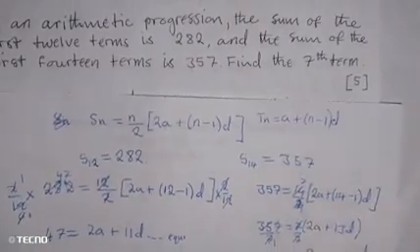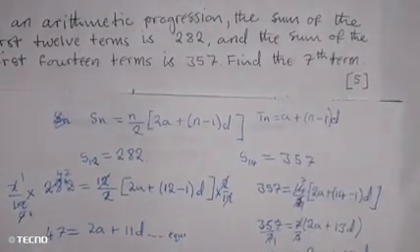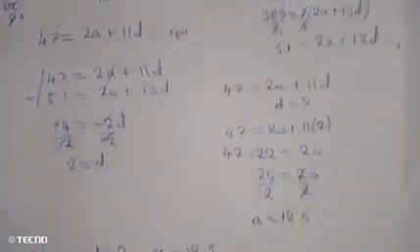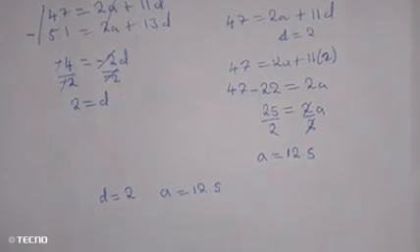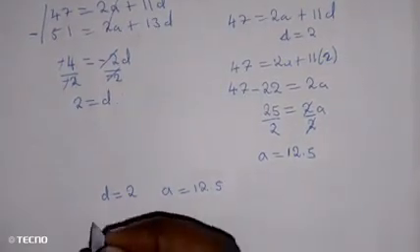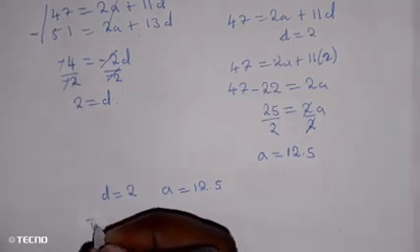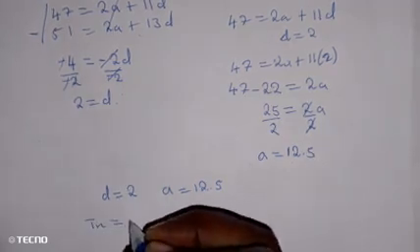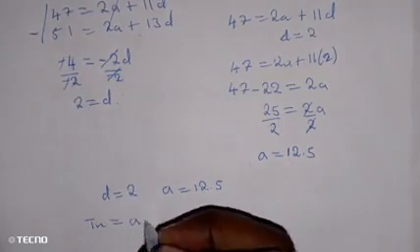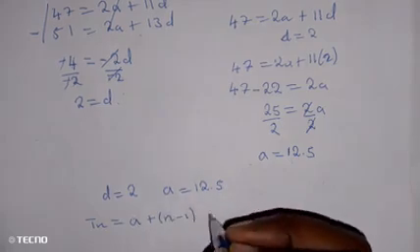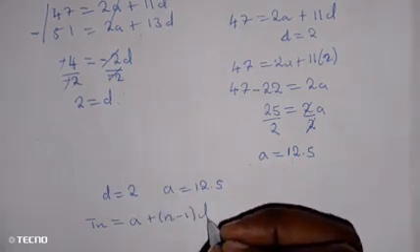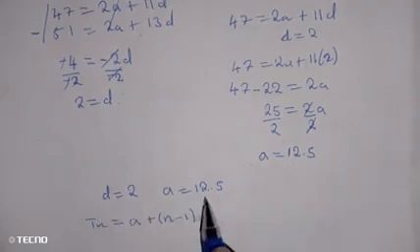To find the seventh term, we use this formula, where n is the number of terms: Tn is equal to a plus open bracket n minus 1, close bracket, times d.